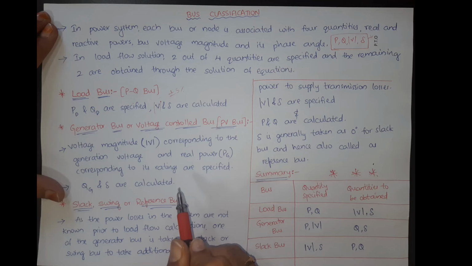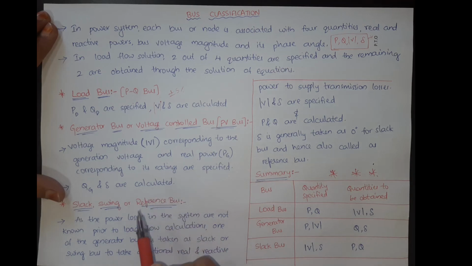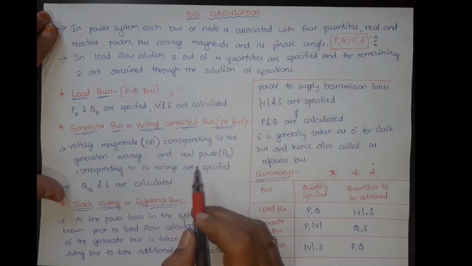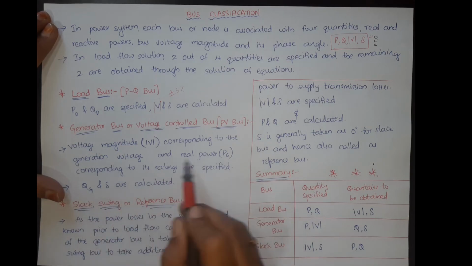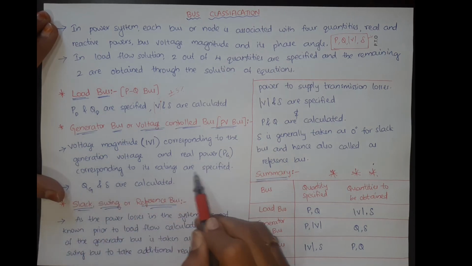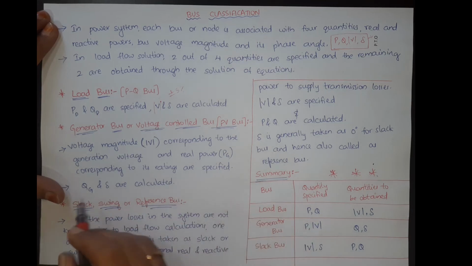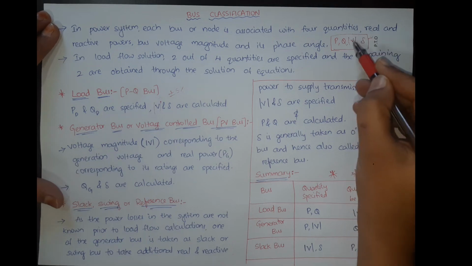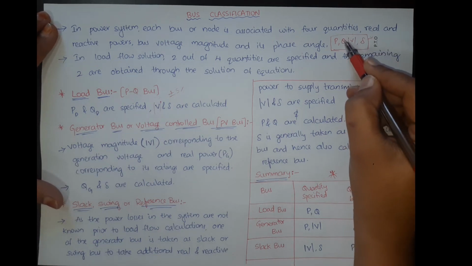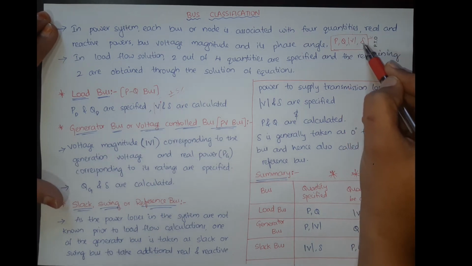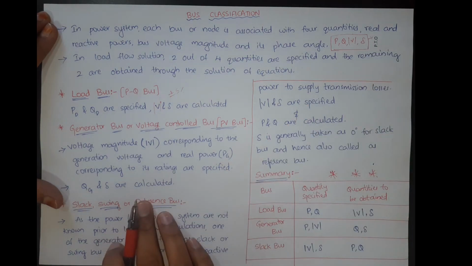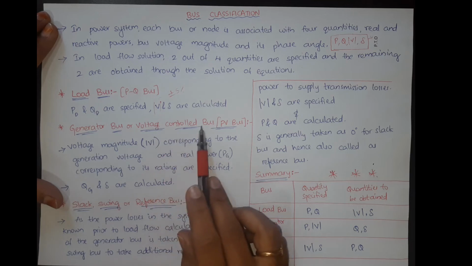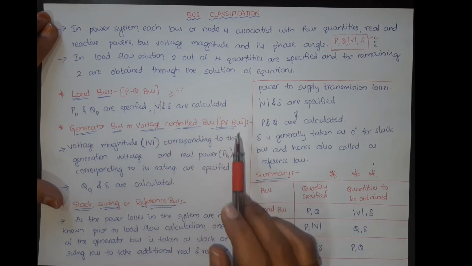Given generator or alternator will be having some ratings, right? That means this is the power rating of this machine. So real power corresponding to its rating will be specified. And what are the remaining parameters? When P and V are given, remaining parameters are reactive power and delta, which are to be calculated. This is about generator bus or voltage controlled bus or PV bus.